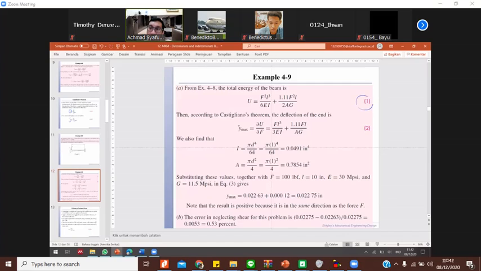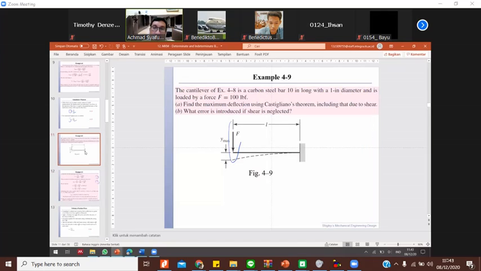The second step: this is the total energy caused by the traverse force. As you see here, this is the traverse. So I will get traverse and moment, right? Traverse and moment, so there are two parts.